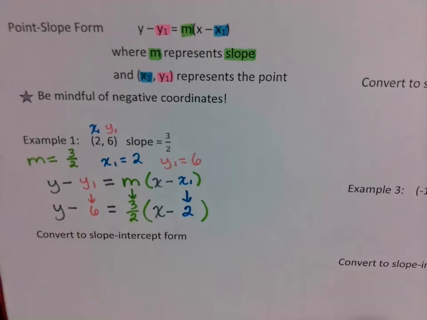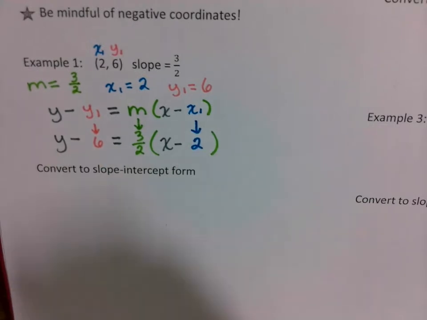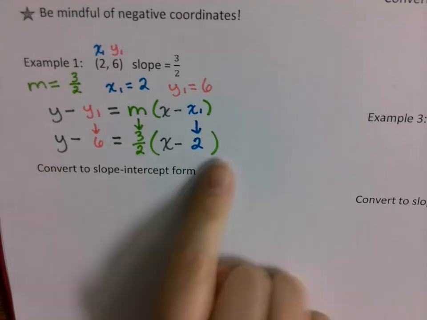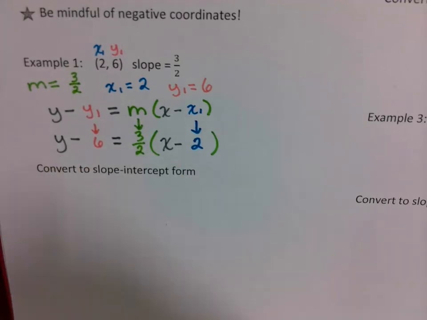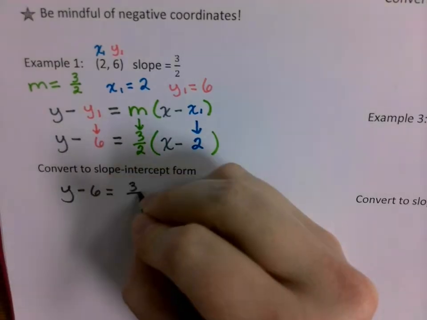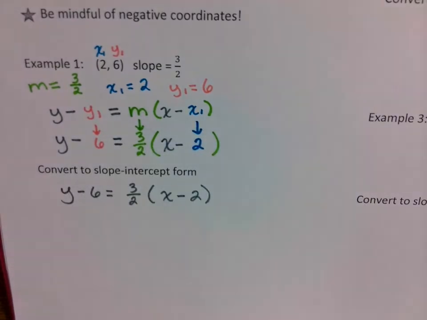Now we want to take that equation and rewrite or convert it into slope intercept form so that y is completely isolated, by itself. So I'm going to take that equation, y minus 6 is equal to 3/2 times x minus 2. And remember, the very first thing we should always do when solving, if you look at the solving equations backboard, step 1, can somebody back there read to me, what does step 1 always say to check?